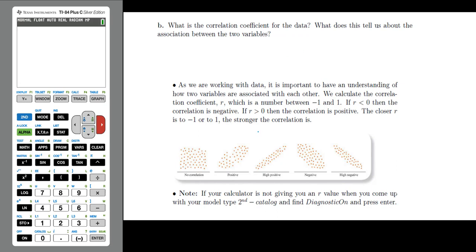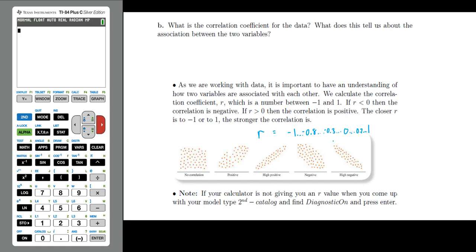The correlation coefficient is the number r, and it ranges from -1 all the way to 1, and then there's everything in between. So -1, we'll say like -0.8, right? -0.30, right? 0.7 all the way up to 1. Okay, so it goes all the way from -1 up to 1.